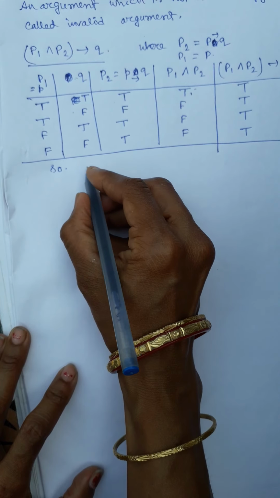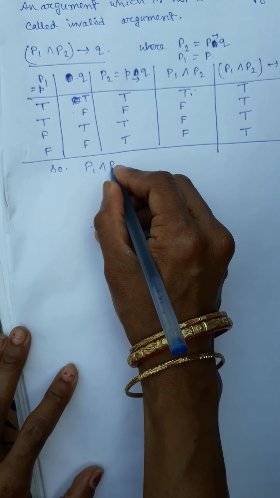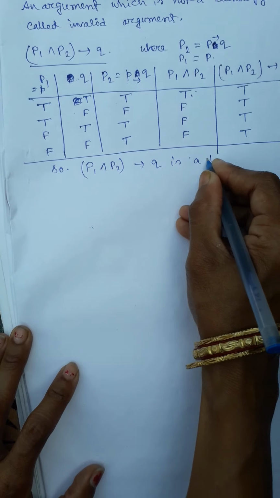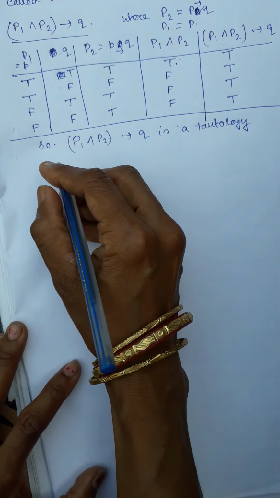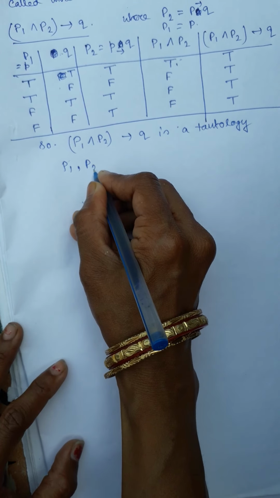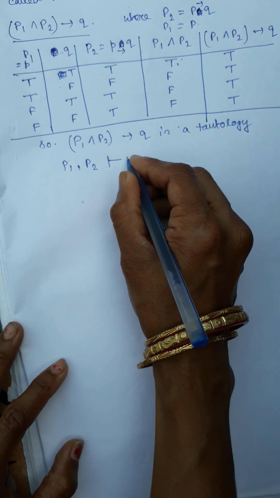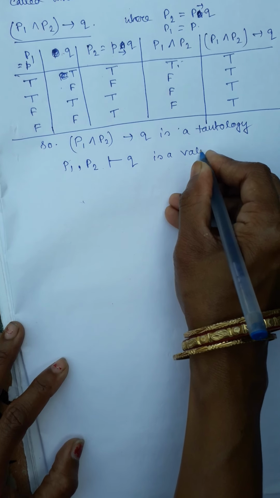So here P1 conjunction of P2 tends to Q is a tautology. Okay, that means P1, P2 is a statement, and the total argument, this one, is a valid argument.